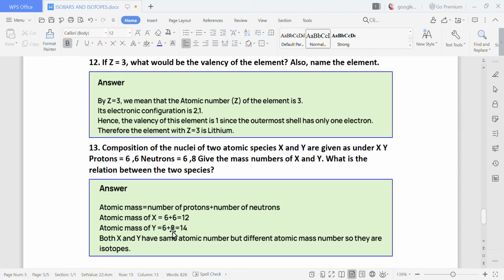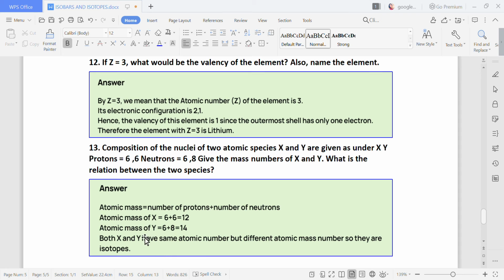So the atomic masses of X and Y are different, but their number of protons are same. You can see number of protons here is 6 and here also 6. Now because both of them have same number of protons, their atomic number is also same, as we know atomic number always is equal to the number of protons.